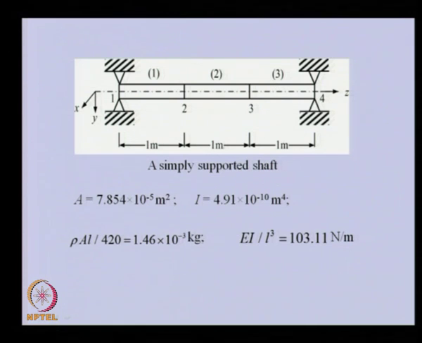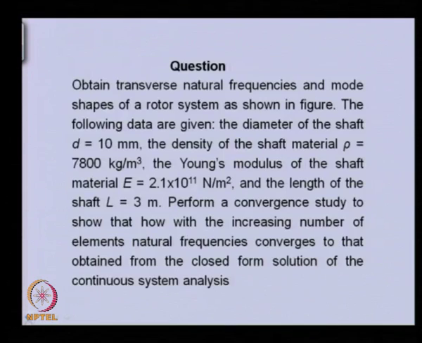For this rotor we have all the properties, including the diameter of the shaft, length of the shaft, and the material property, and basically we need to obtain the natural frequency.